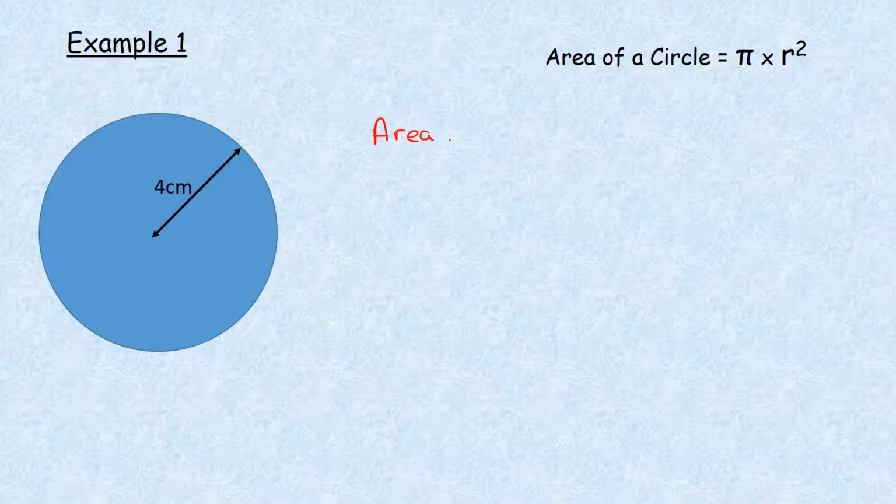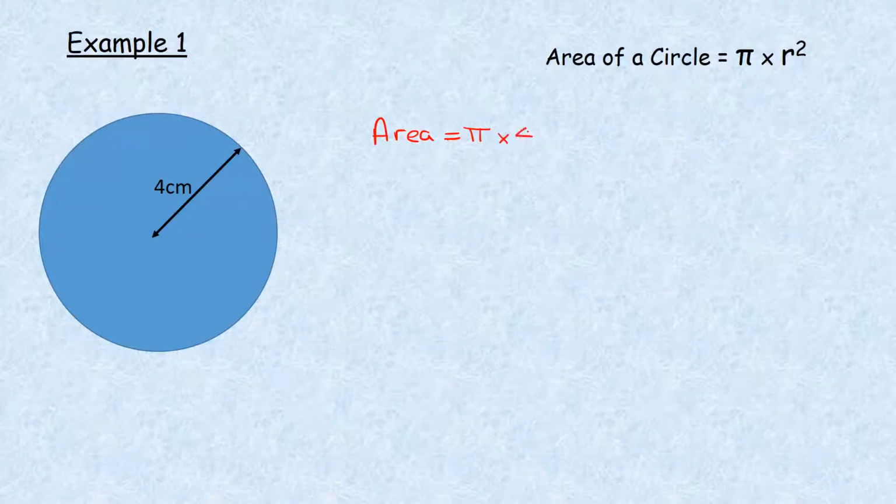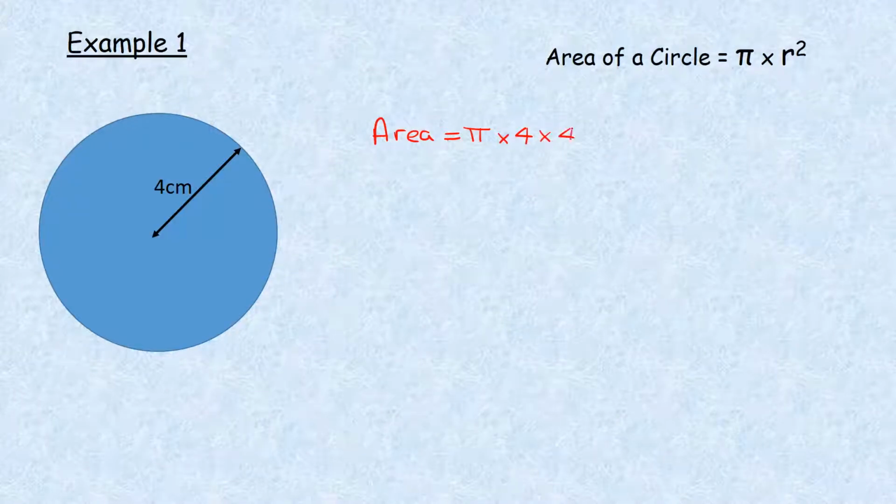We know that the area is pi multiplied by 4 squared, or 4 times 4.